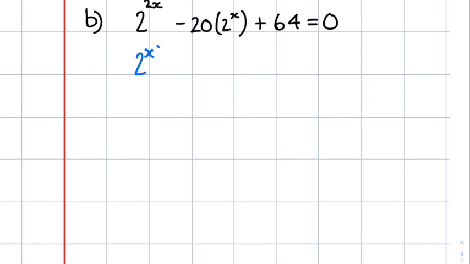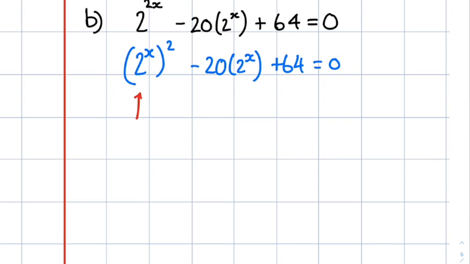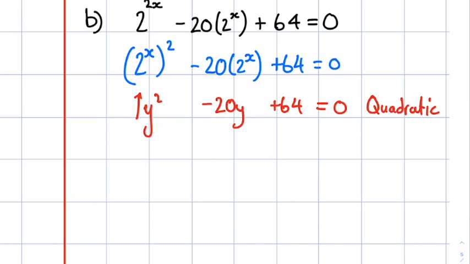That's just 2 to the power of x squared minus 20 of 2 to the power of x plus 64 equals 0. I don't know if you're seeing this, but that's just like y squared, minus 20y, plus 64 equals 0. It's a quadratic.